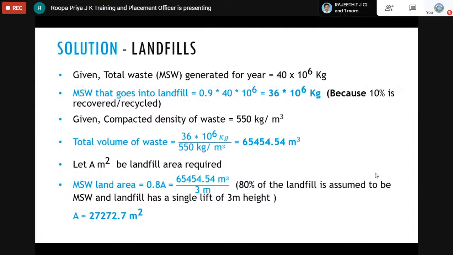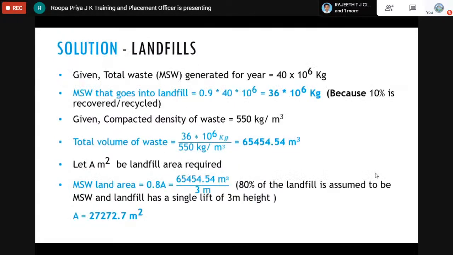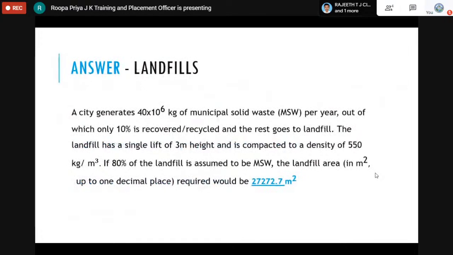Now that is calculated by considering the total volume of the waste and the 3-meter lift, which is mentioned in the problem. So we're considering 80% of the landfill, which is assumed as the municipal solid waste area, and the landfill has a single lift of 3 meter. So the area, according to this calculation, will be 27,272.7 meters square. So that is the solution to the first problem.